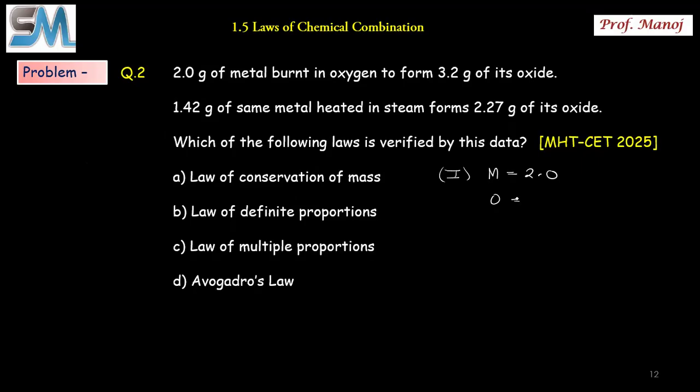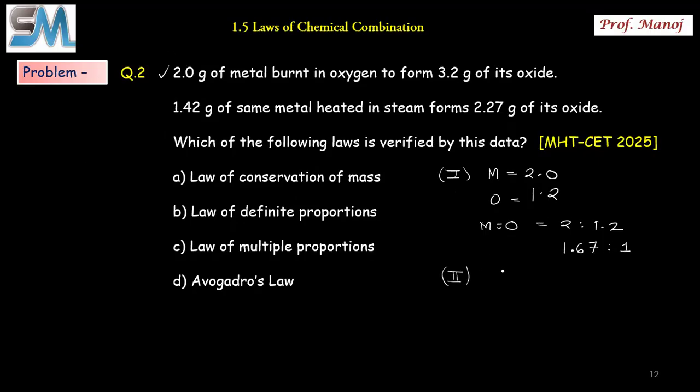What will be the oxygen amount now? 3.2 minus 2 gram. So the metal to oxygen ratio is coming out to be 2:1.2. If I divide by 1.2, it comes out to be 1.67:1. So this was my case number 1.